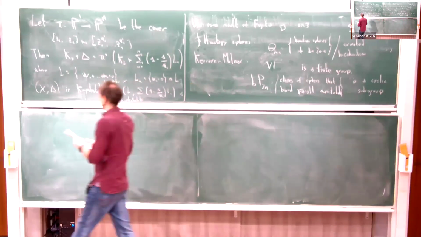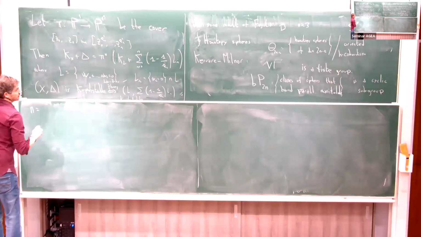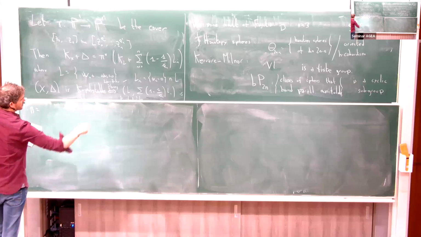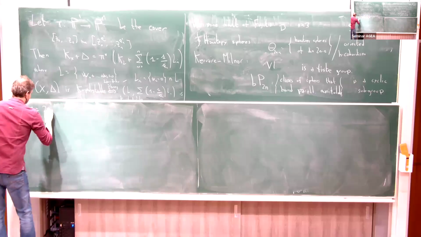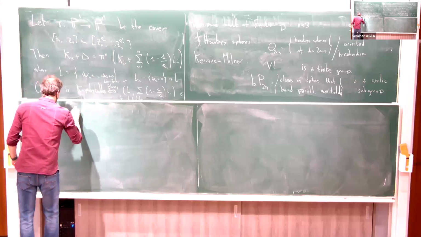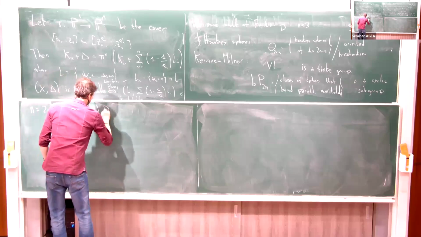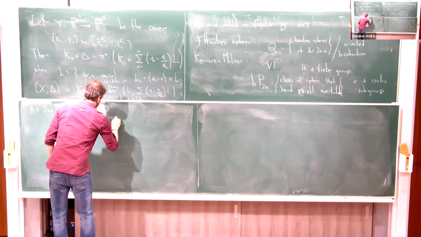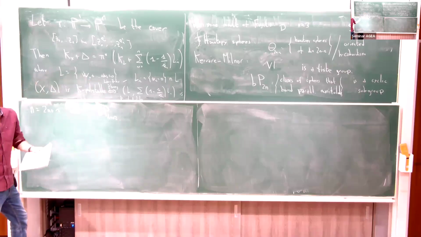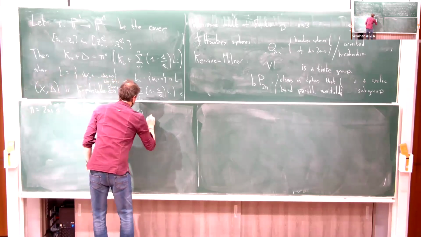Okay, let me tell you some more about n. So these spheres have dimension 2n minus 1. If n is odd, then the subgroup we are looking at is either 0 or Z2.